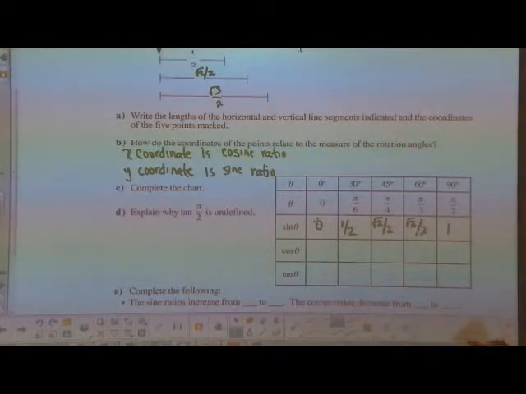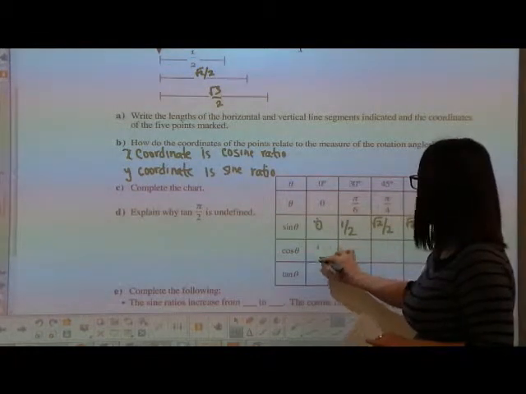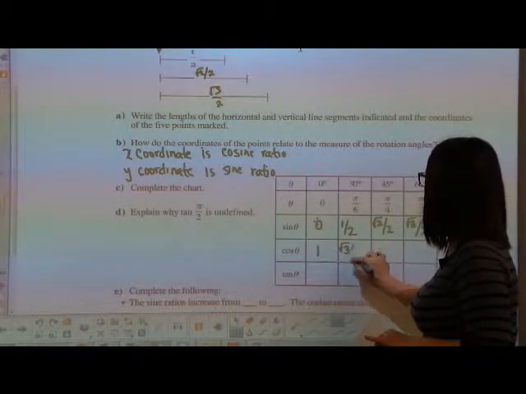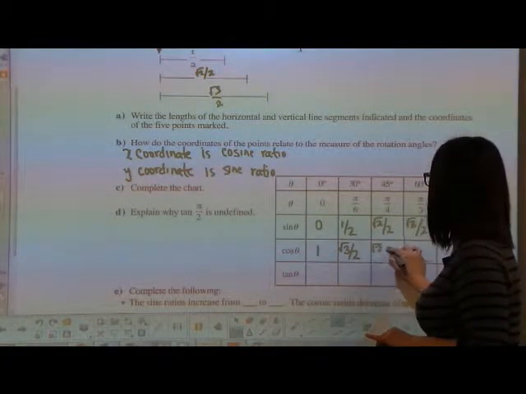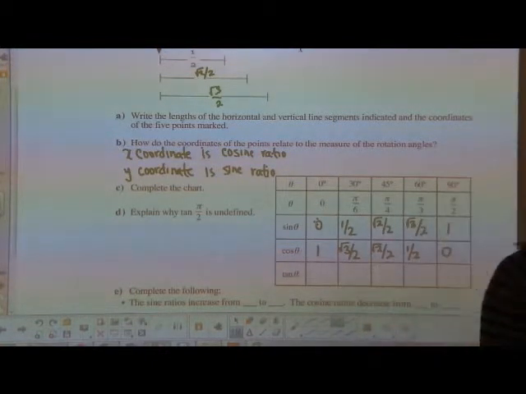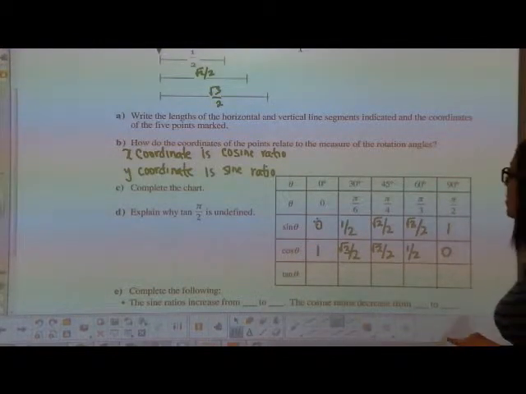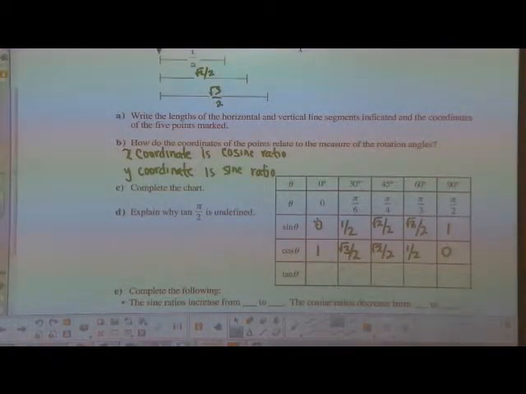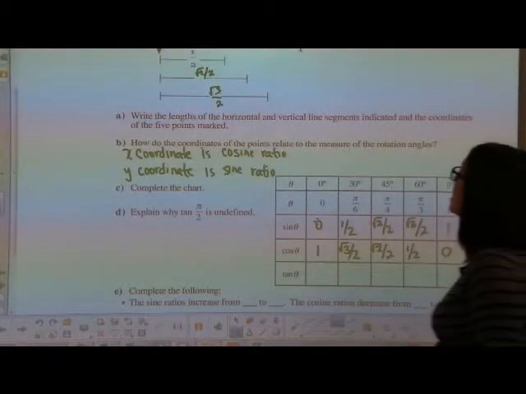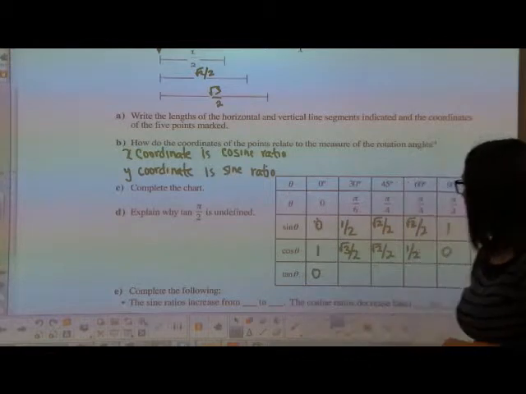The cosine ratio corresponds to the x-coordinates going around, which is 1, root 3 over 2, root 2 over 2, 1/2, and 0. And then the tangent ratio is the value of the y-coordinate divided by the x. So 0 divided by 1 is 0.